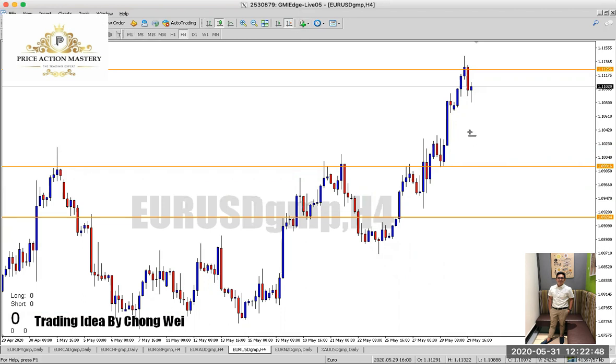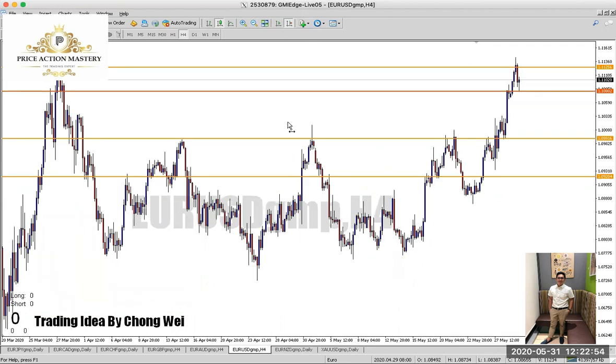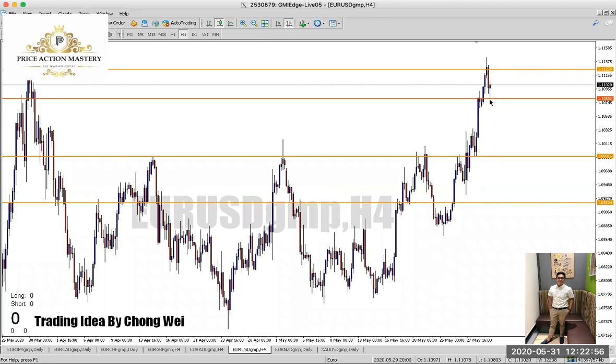On H4, a lot of people will see this level to buy. This will be a better buy. But we need to see Monday's market. If Monday's market opens below this red level, we will see a drop first before advancing.